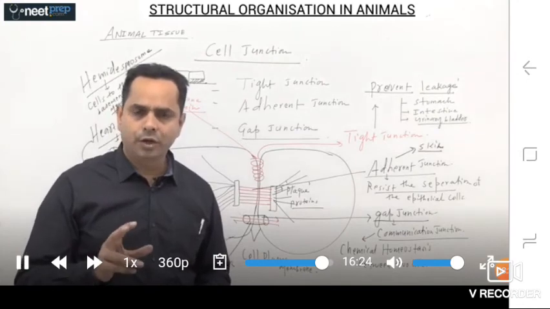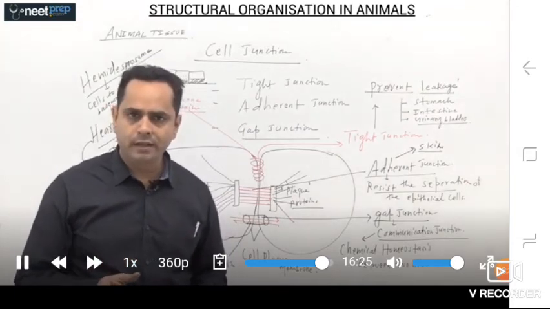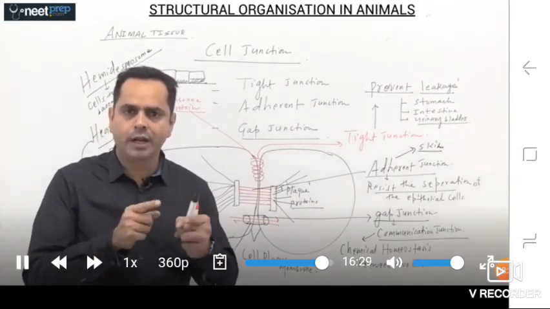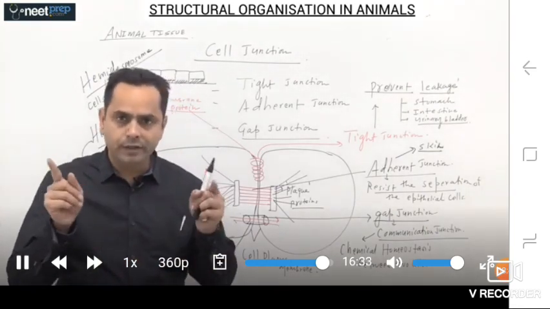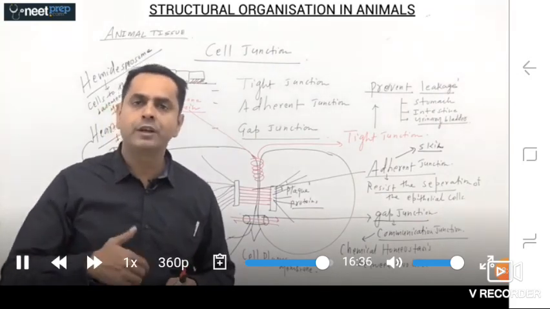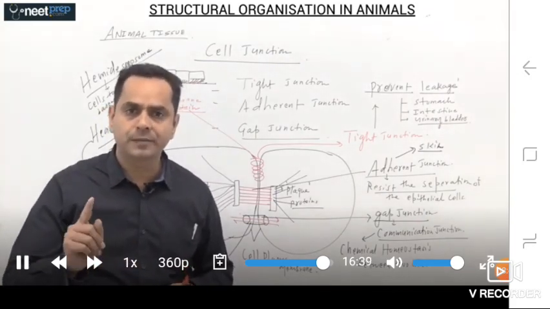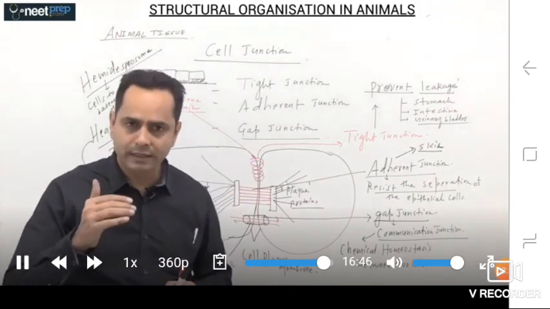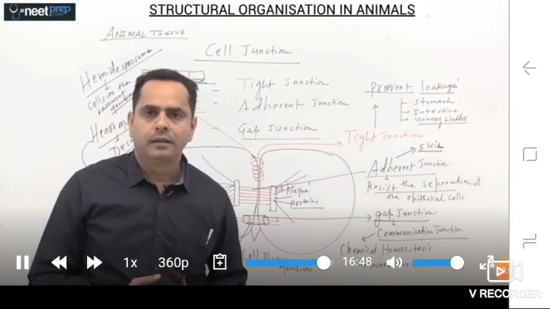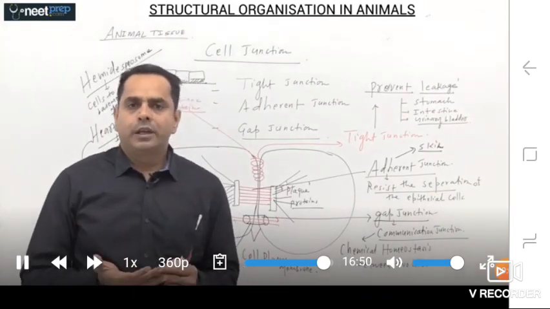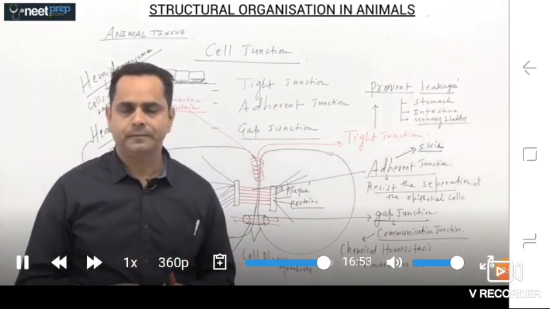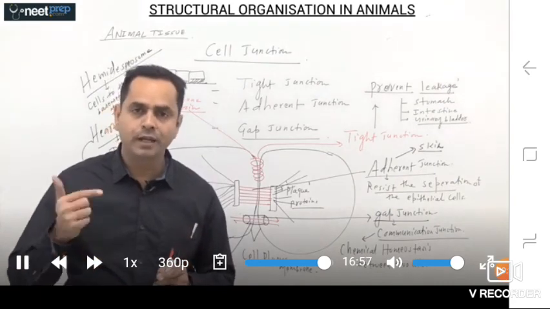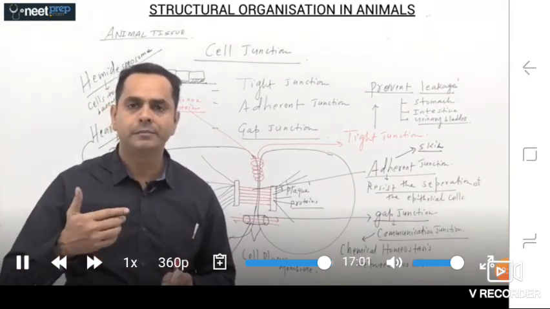And remember, it is not always necessary that between two cells only one kind of junction is there. Even between two cells, as per the requirement, as per the body activity and functional needs, more than one kind of cellular junction can be present.